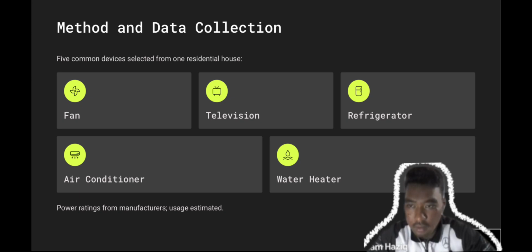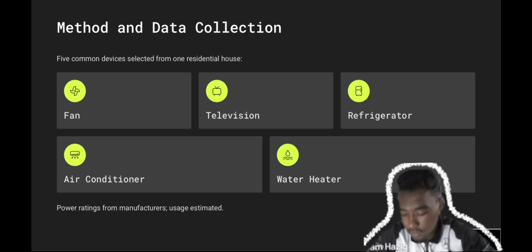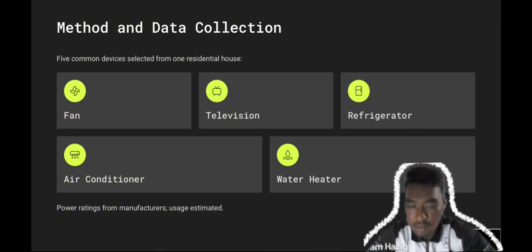For each of these we have picked a brand: for the fan we use Panasonic, TV we use Samsung, refrigerator we use Sharp, and aircon we use Daikin, which is the inverter version, and water heater we use Panasonic. Each of these devices has its own power rating in kilowatts.